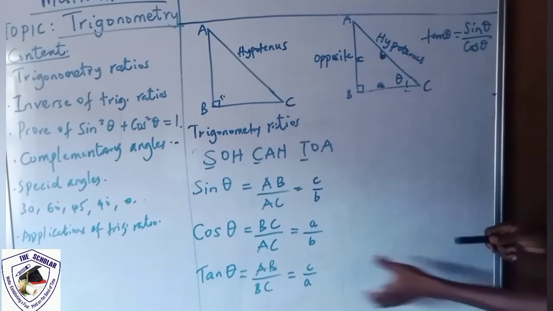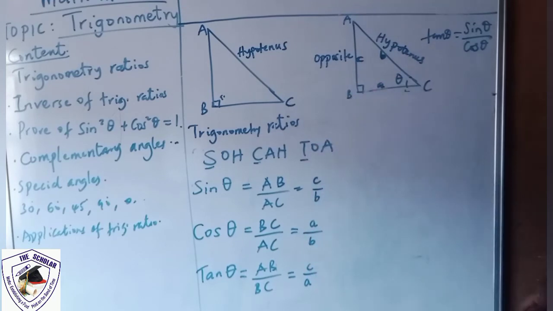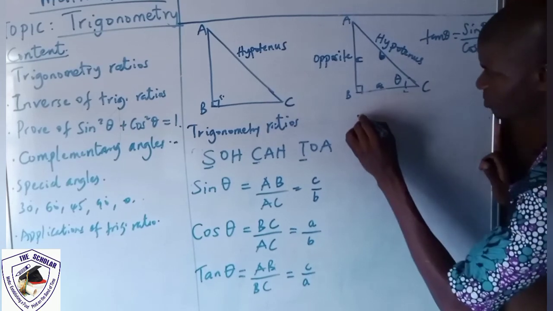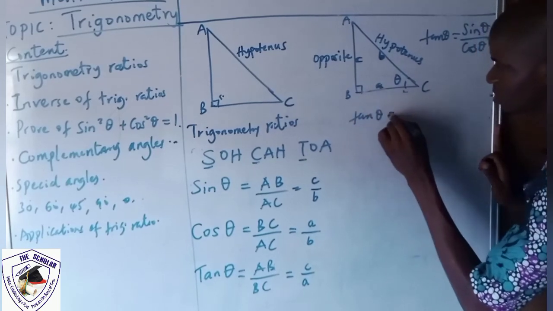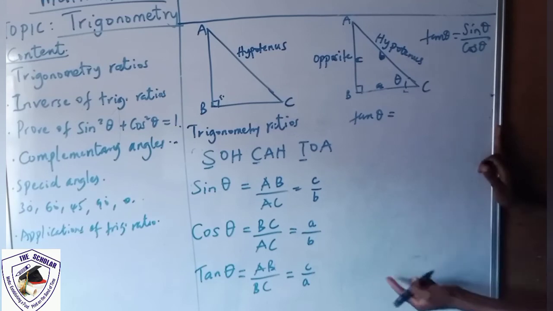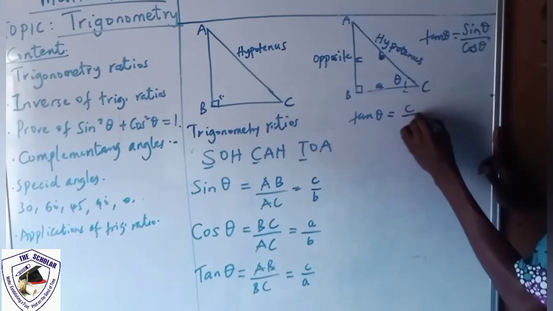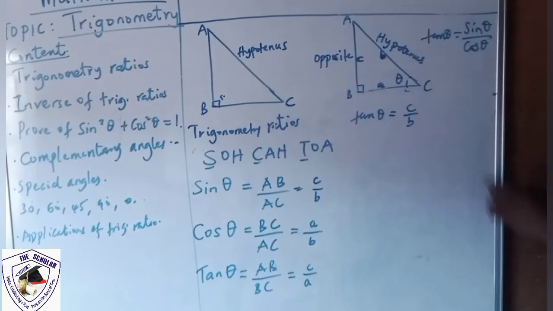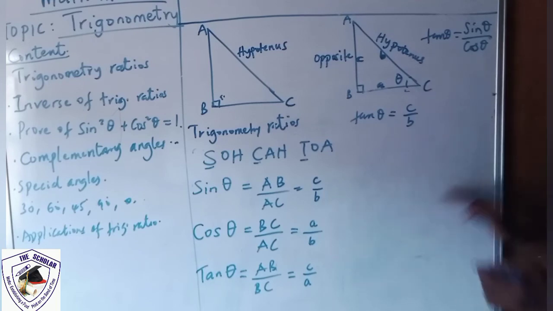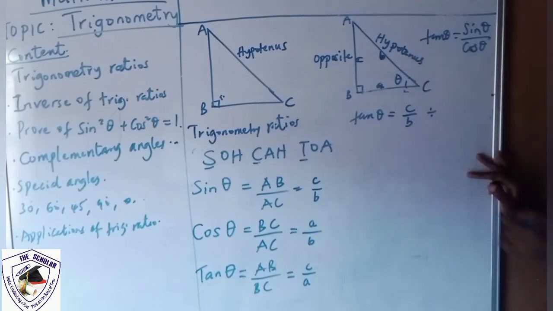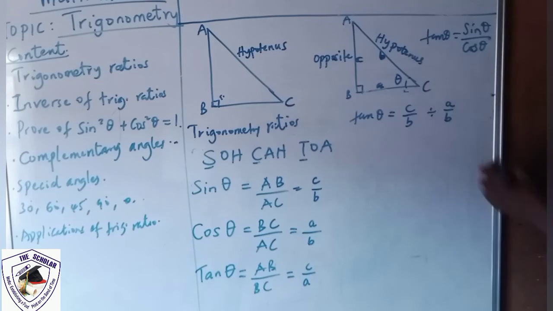Let's see if that is true. Let's use the ratios that we've gotten. I have tan theta is equal to sine theta, which is c all over b, right? Cos theta is a over b. That's division, so let's use this sign. Divided by a over b.